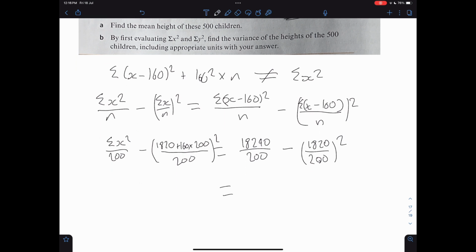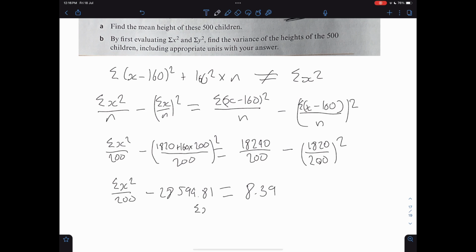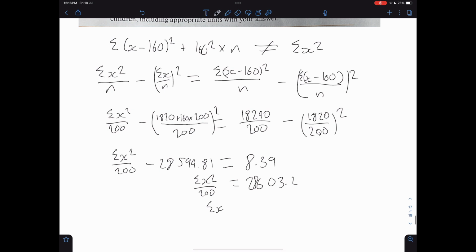On the right hand side we have 8.39, and on the left hand side we have this on the left hand side. So then we rearrange this. And then finally multiply both sides by 200.